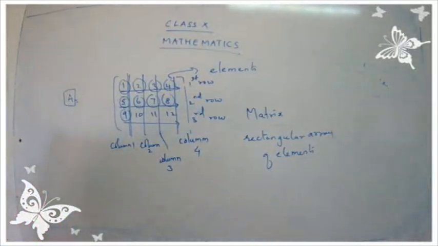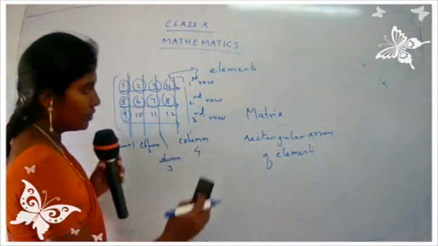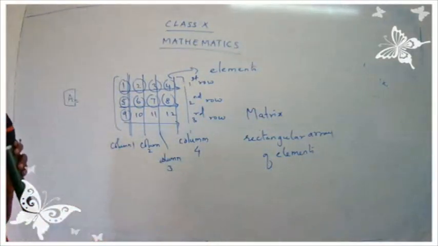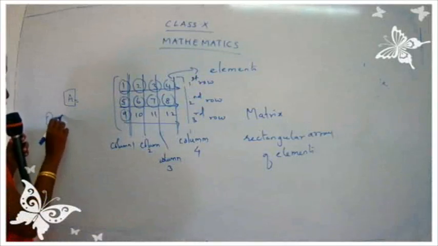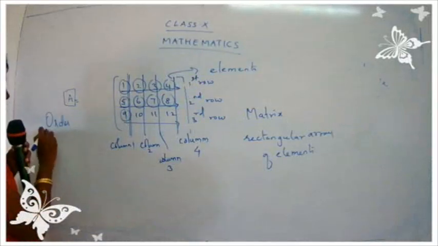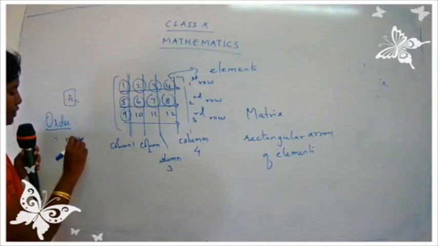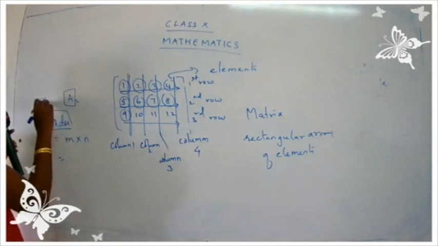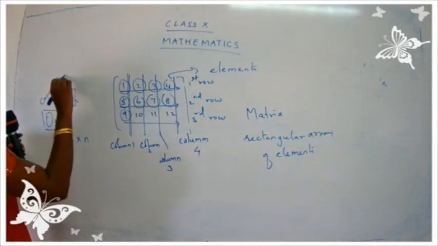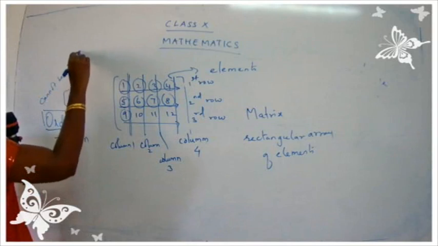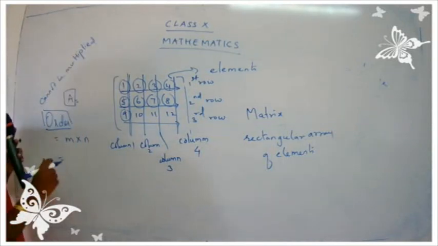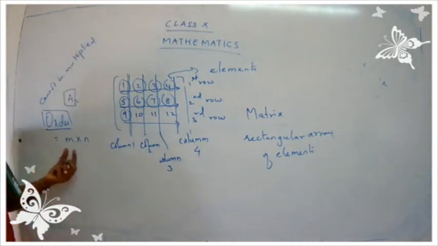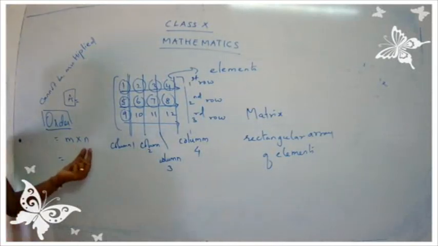Okay, now here we have one more thing to be noted down, that is we have to find the order of the matrix. Now what do you mean by order of the matrix? The order of the matrix is m into n. We cannot multiply the order, children, just keep this in your mind. Order cannot be multiplied. Okay, what is m and what is n? Let me tell you the meaning of m and the meaning of n.